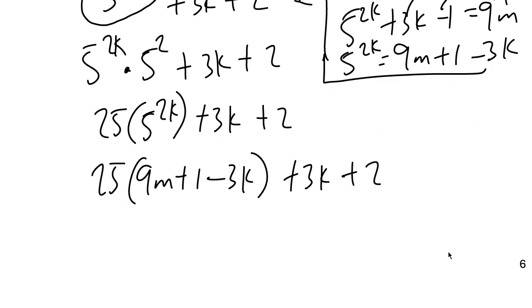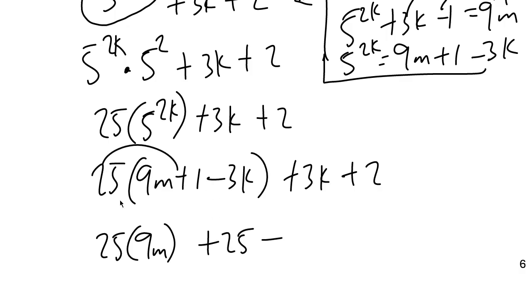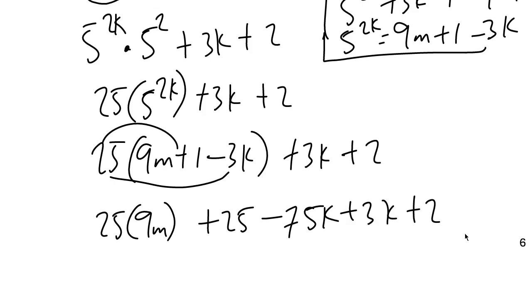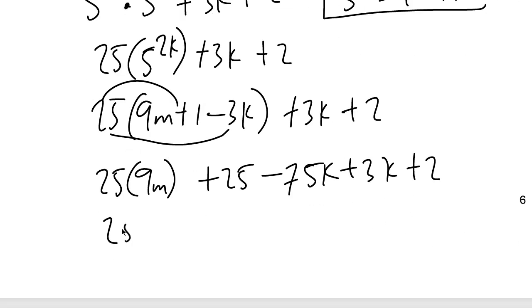Are you getting it? Then if you expand, it will be 25 into 9m plus 25 times 1 is what? 25. Minus 25 times 3k, minus 75k, plus 3k plus 2. Then with that now, it will be 25 into 9m. Then this 25 and this 2 can go together to be what? 27, isn't it?